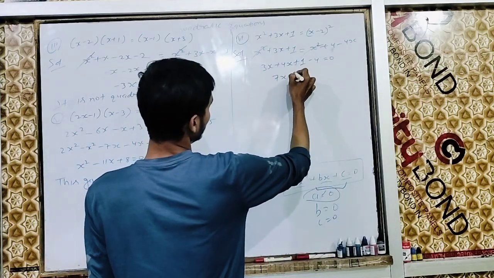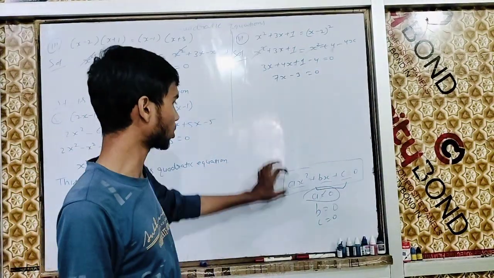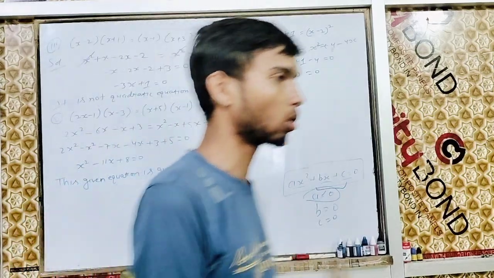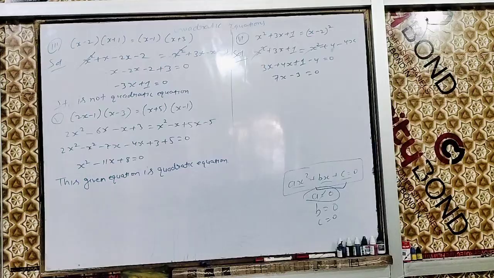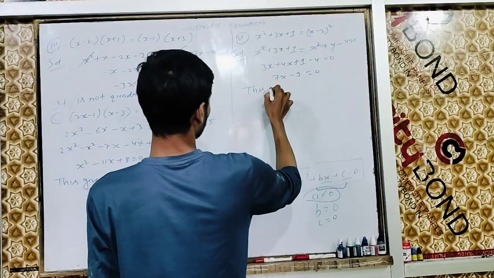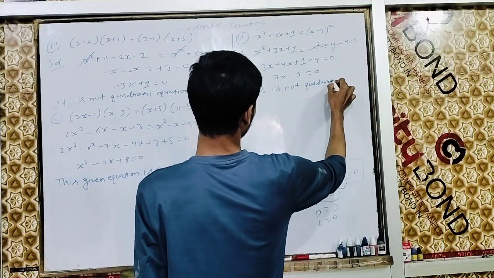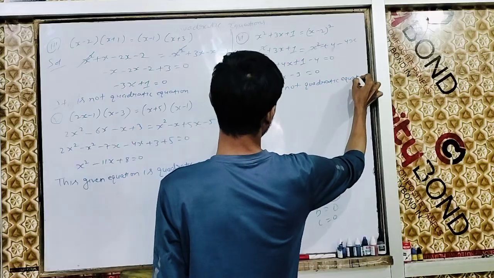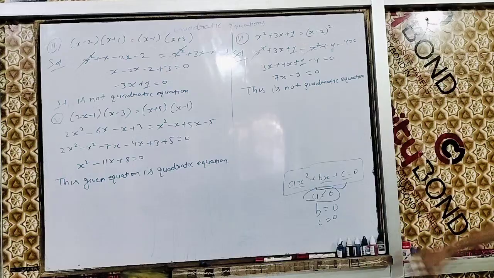This is 7x and minus 3. Here it is equal to 0. Here you can see this is not in this form. That's why we can confidently say that it is not a quadratic equation. This is not a quadratic equation because this is not in this form.